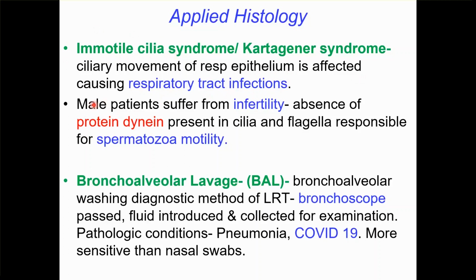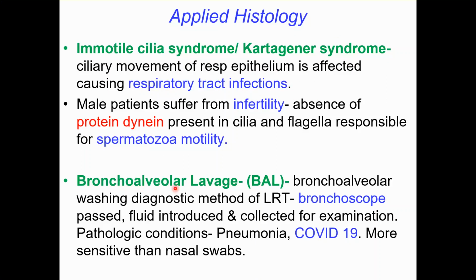And when it is seen in male patients, they suffer also from infertility, absence of the protein dynein present in the cilia and the flagella responsible for the spermatozoal motility. So the patient will come to the clinic with infertility and he will have repeated respiratory tract infections. Then you need to think about Immotile cilia syndrome or cartilaginous syndrome.